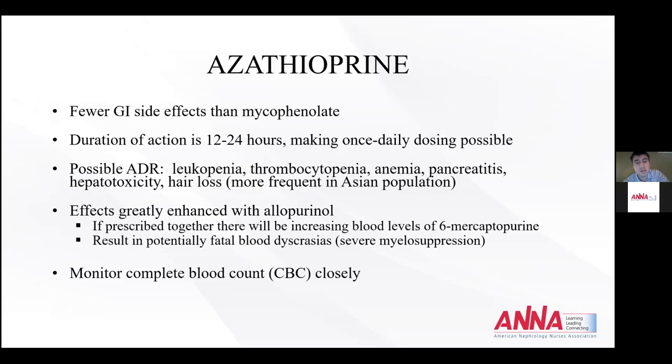This one increases the levels of 6-mercaptopurine, and that can lead to fatal blood dyscrasias or severe myelosuppression of your bone marrow, where it sometimes has a hard time recovering. So just don't put the two together. And if you see a patient on allopurinol and azathioprine together, or somebody's talking about it, say no, and talk to them about this drug interaction.